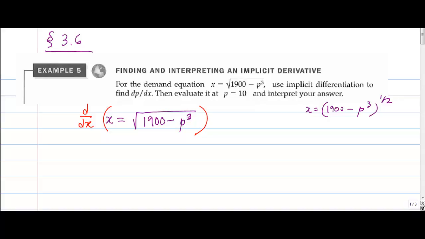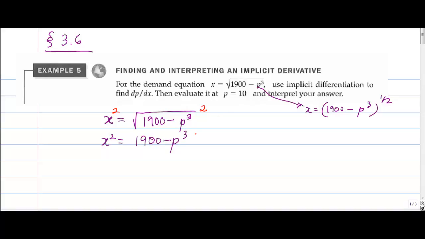What you do to one side, you do to the other. Because we have an equation, we're not really changing anything. So then I'm left with x squared equals 1900 minus p cubed.